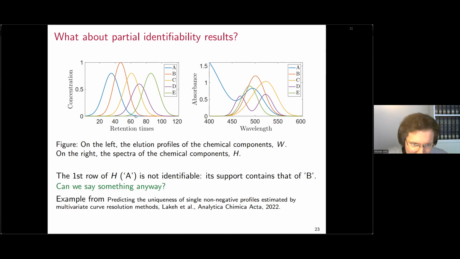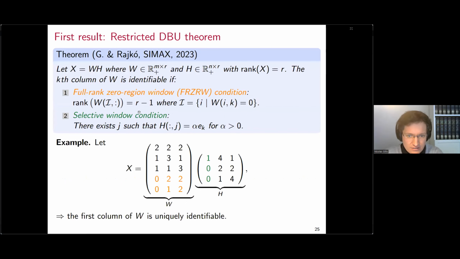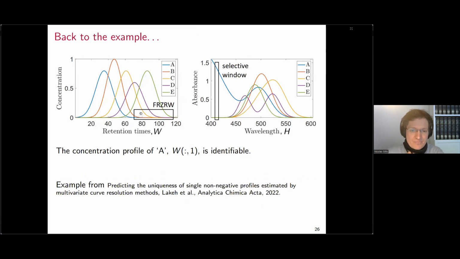This is hard to see on a graph, but you can imagine that the orange, yellow, purple, and green have full rank on this part. So the blue one is identifiable: in any factorization of the product of these two matrices, the blue one has to appear because of these two conditions.